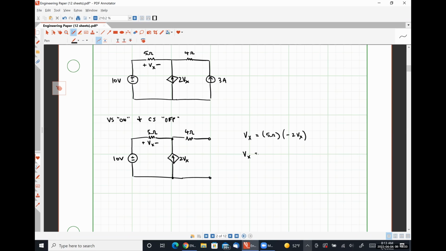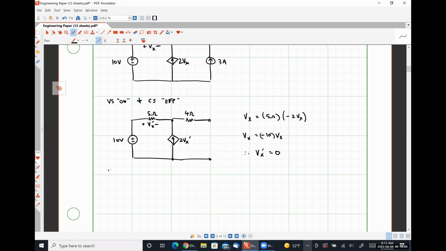So we have Vx equal to negative 10 Vx, which means Vx, or in this case Vx prime, is 0. So the 10 volt source doesn't actually contribute anything, it appears.